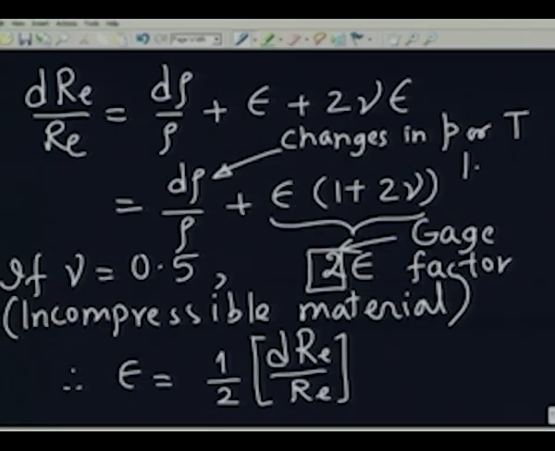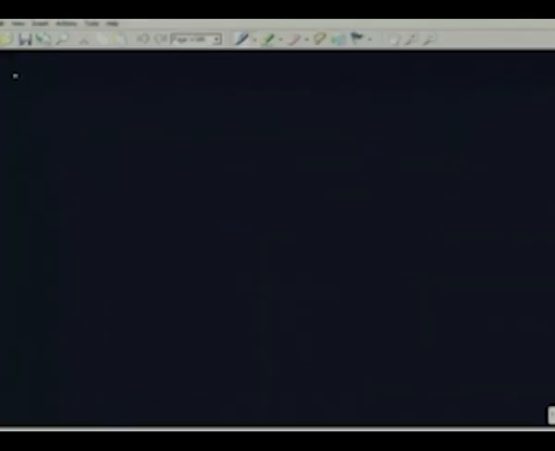Sometimes we may ignore, in which case dRe by Re becomes simply equal to epsilon into 1 plus 2 nu. So, this is basically the idea. In fact, we can define the gauge factor in more complete terms. This is called the gauge factor.